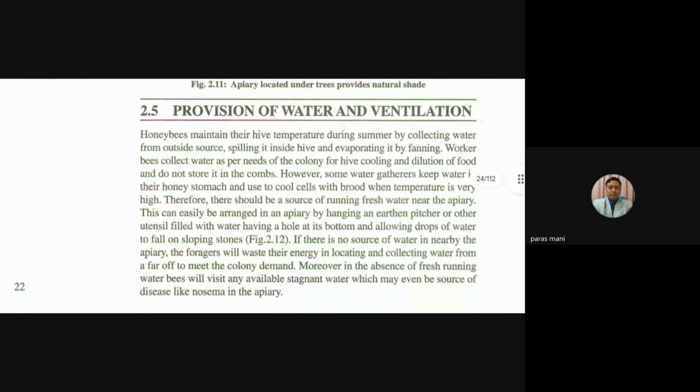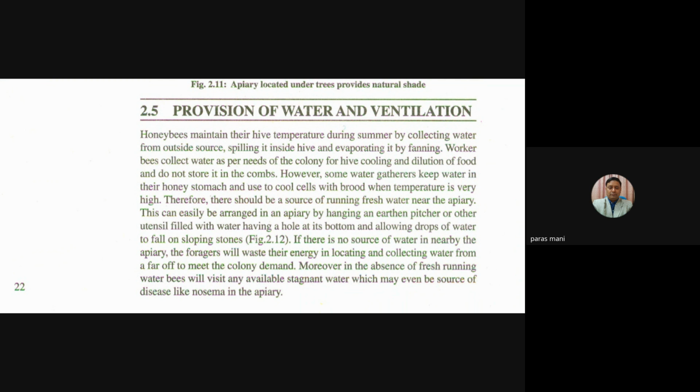And water is one of the most important things you have to take care of. Apart from nectar and pollen, one more thing that bees collect is water. It needs water in all seasons, especially in summer, when it needs more water.